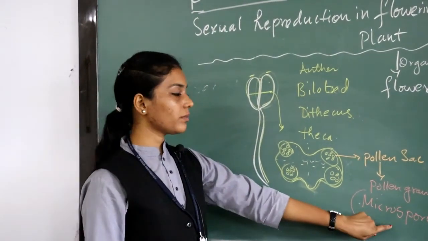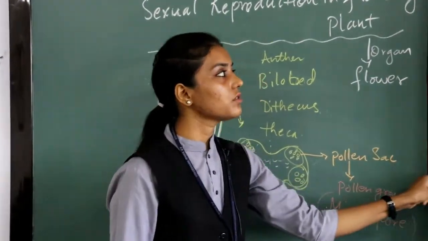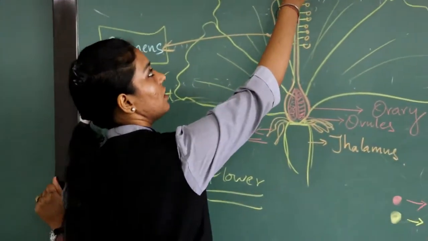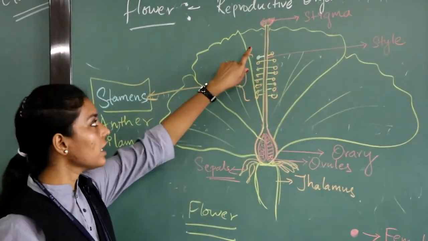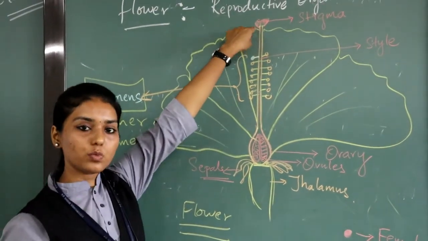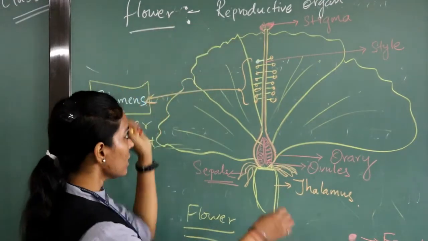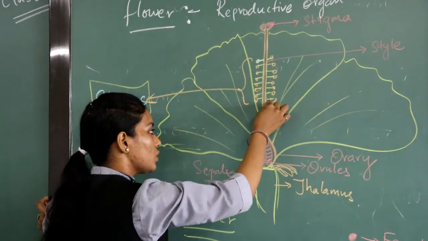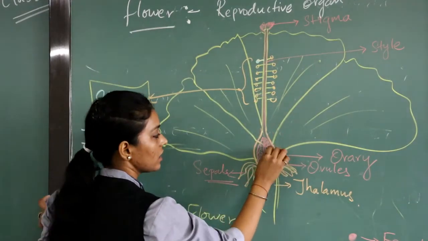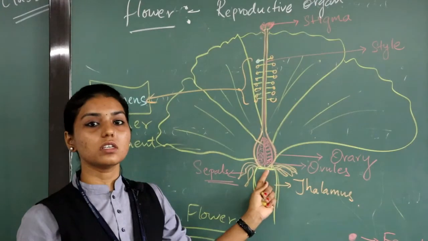They are the microspores. These pollen grains are usually attached near the stigma. During pollination, the pollen grain travels through the style, moves on to the ovary, and tries to attach with the layer, and then fertilization starts.